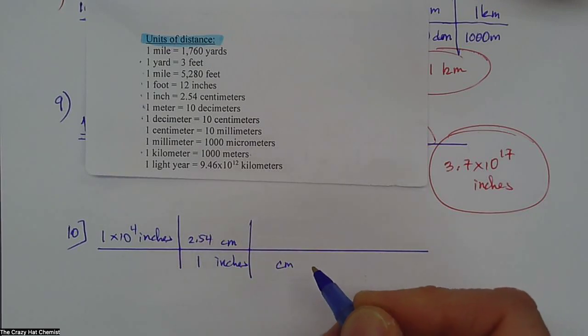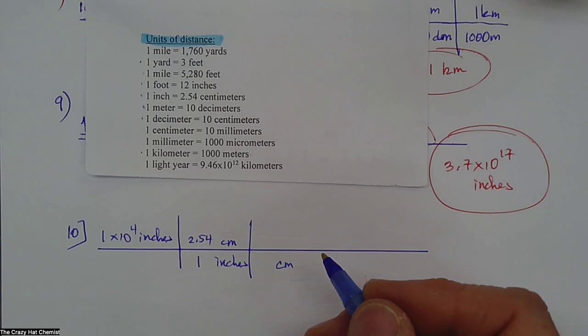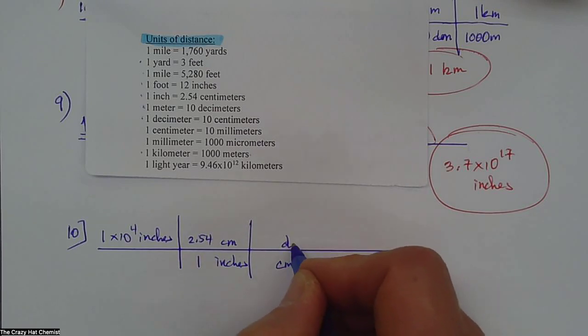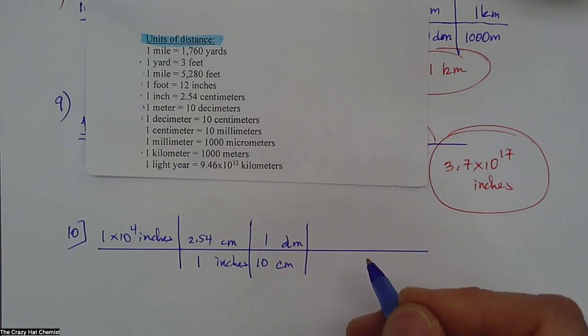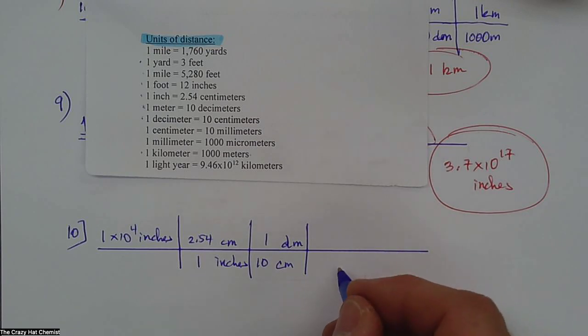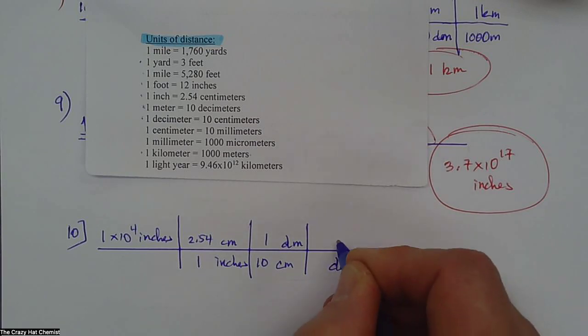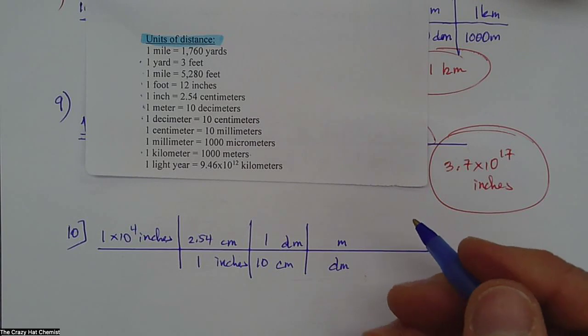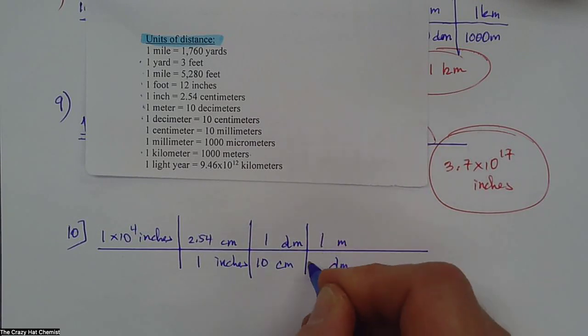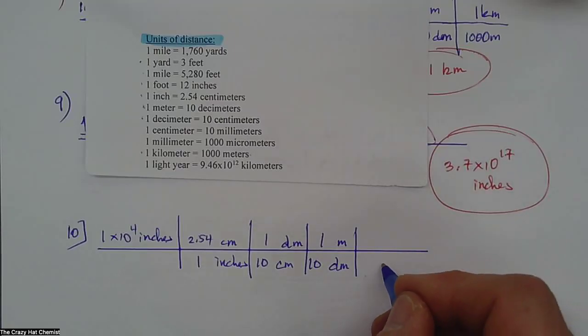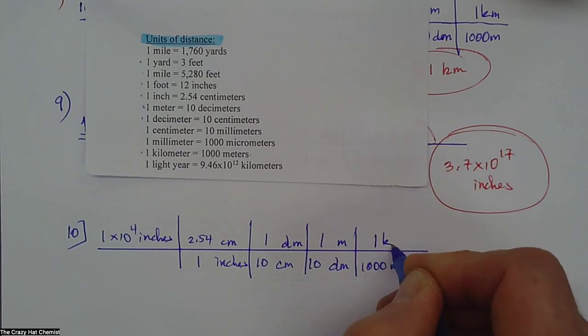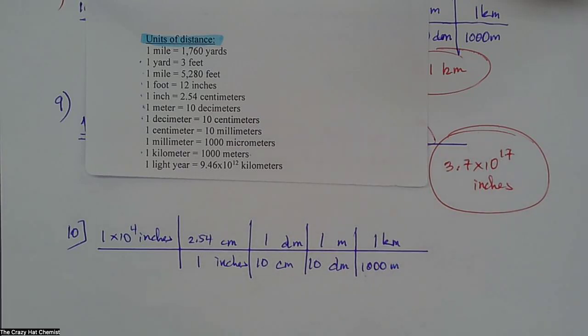Centimeters to decimeter: 1 decimeter, 10 centimeters, and then decimeters to meters. There's 1 meter and 10 decimeters, and now looking for kilometers, 1,000 meters is equal to 1 kilometer. Bingo.